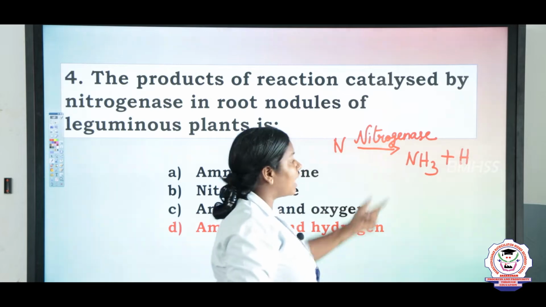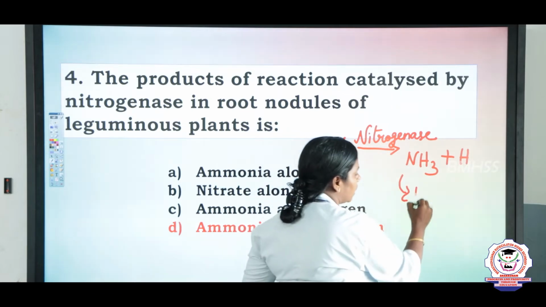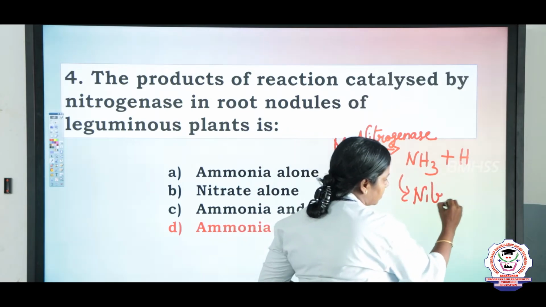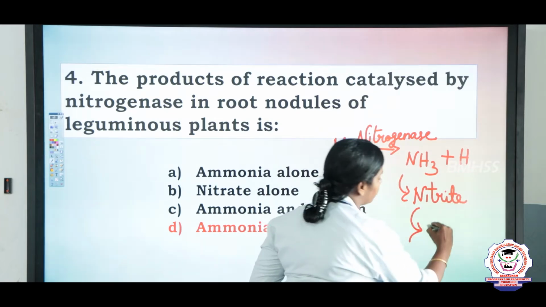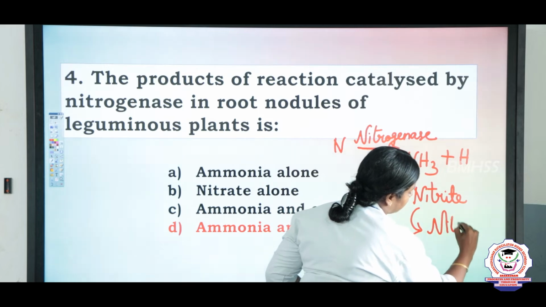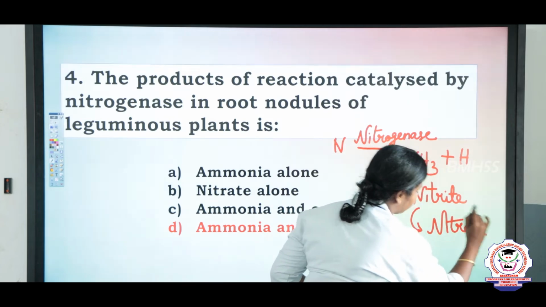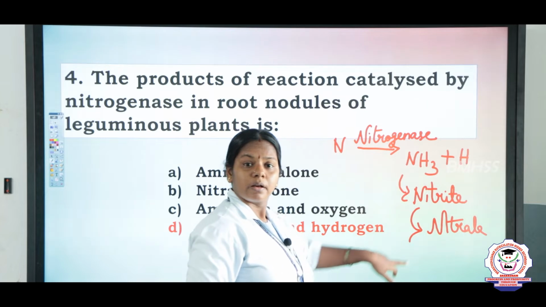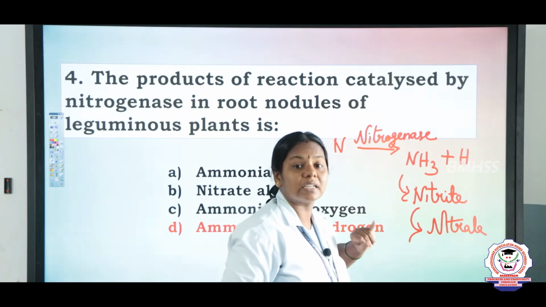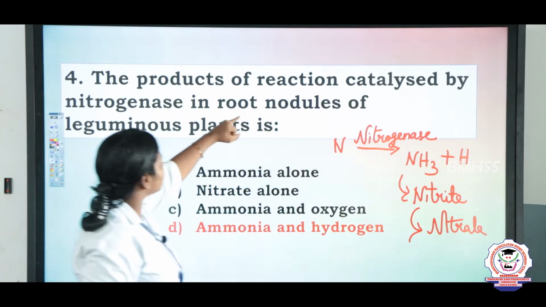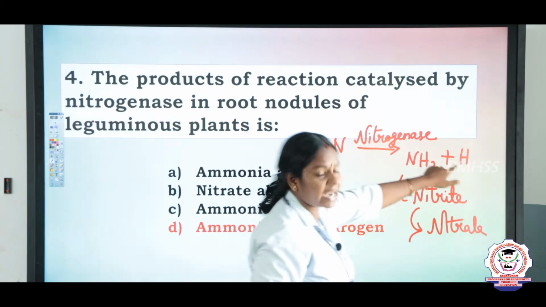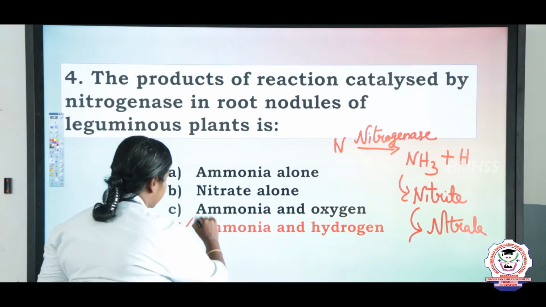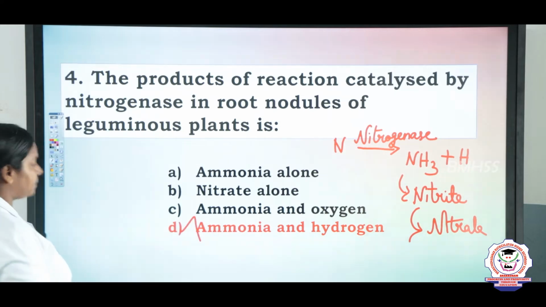And later ammonia will be converted into nitrite, and later nitrite will be converted into nitrate. Nitrate. So this is in the nitrogen cycle. So what is the first reaction, children? Enzyme nitrogenase. What is the product formed? Ammonia and hydrogen. So ammonia and hydrogen is the correct option.